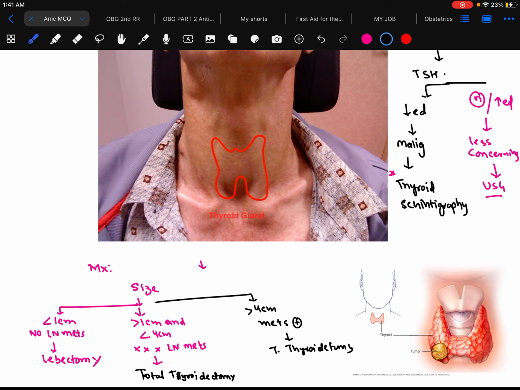And once you go for total thyroidectomy, if there is metastasis, what you will do is none other than radiotherapy. You will also include radiotherapy. Done. This is what you need to know about the malignant thyroid nodule.